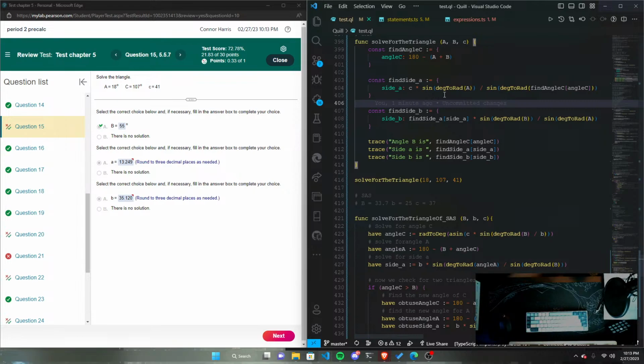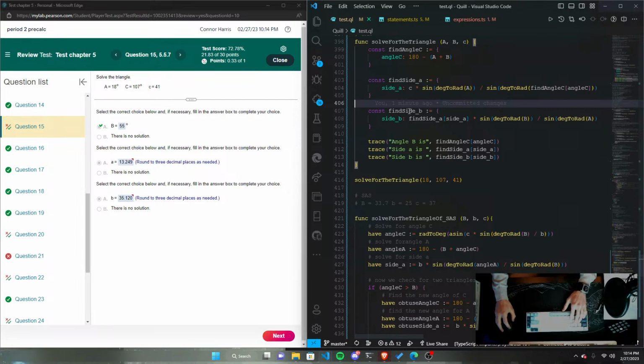divided by the sine. Oh, wait. Is it because I used C? No, it shouldn't be because I used C. That shouldn't matter, right? I shouldn't have to use B, no? I'm trying to think of how to try. I'm literally just drawing out a little triangle like this.